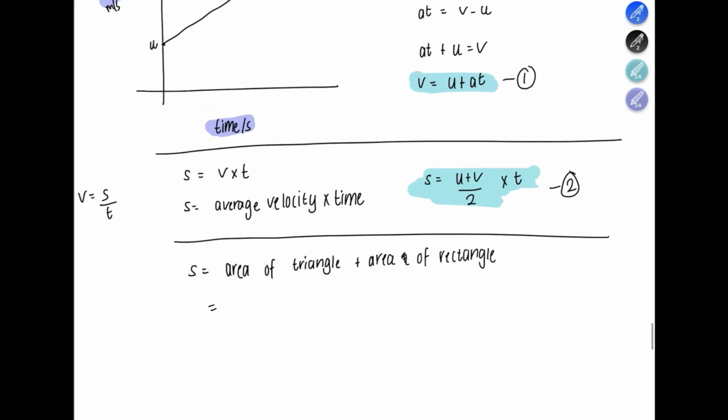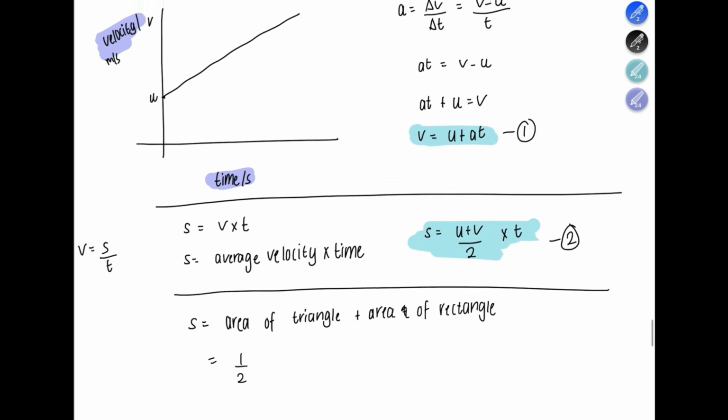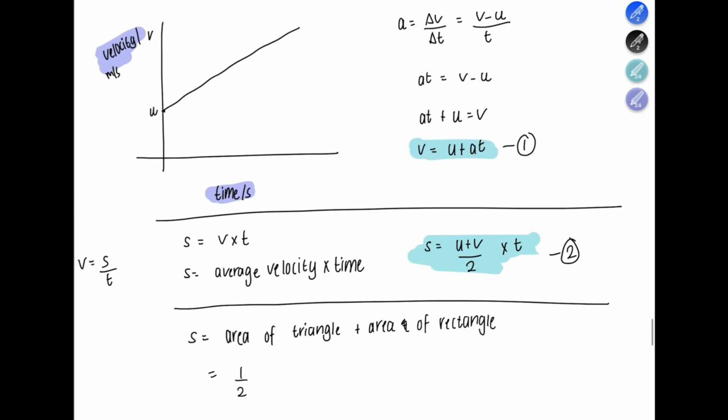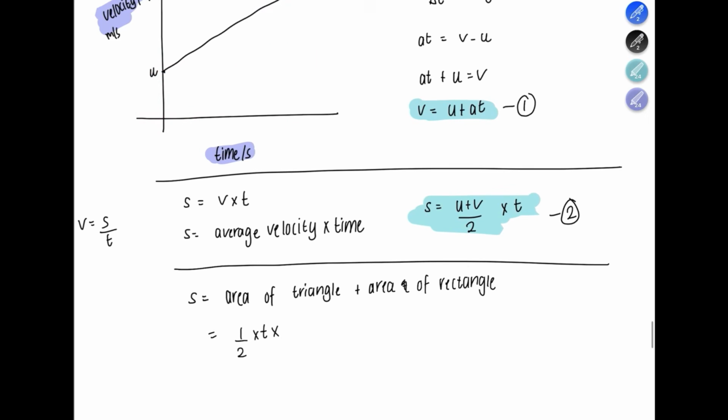So area of triangle equals half bh. What is the base? This base is the time, so multiply this by time, multiplied by this height. This is going to be v minus u, because you don't need this lower area, it's only v minus u. So this is multiplied by v minus u, plus the area of the rectangle, which is length multiplied by breadth, or length multiplied by height.